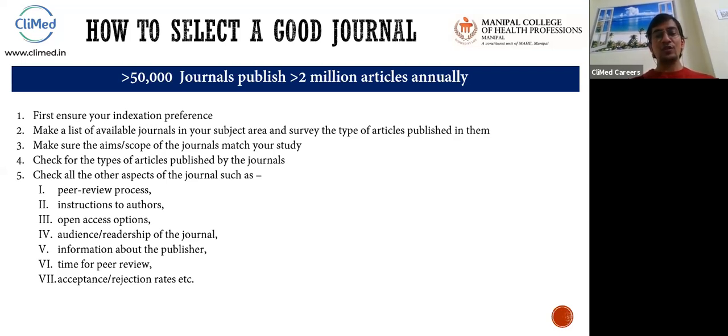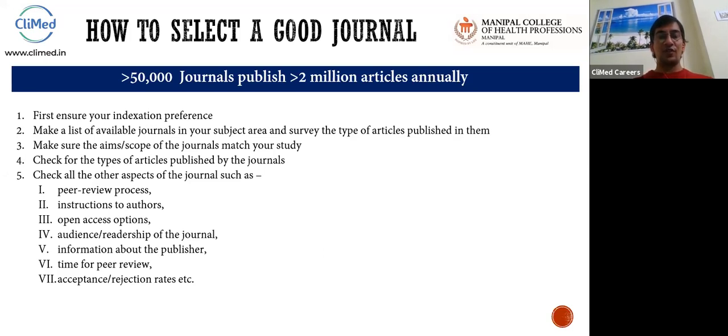Then you can look into the audience or readership of the journal. Readership of the journal means what kind of readers, what kind of peers follow the journal. It is given on the journal website. I'll show you. And information about the publisher. See, that is very important. Some predatory journals, some fake journals, do not show the information about the publisher.